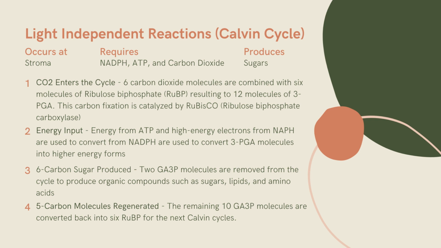Okay, so this process is called carbon fixation because it is a process of fixing carbon from an inorganic source into an organic source. Our inorganic source for this process is carbon dioxide, and we are fixing the carbon into an organic source, which is the 12 molecules of 3-phosphoglyceric acid.